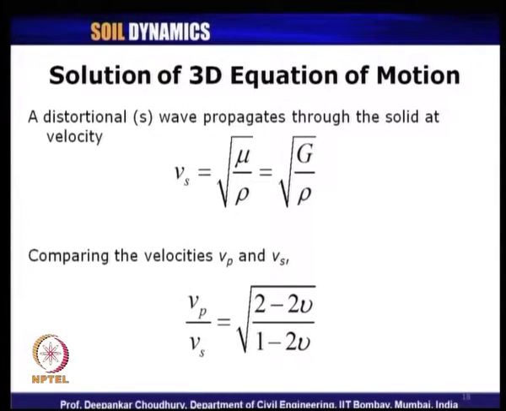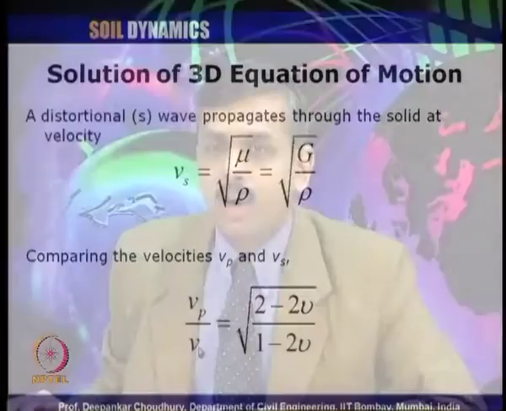Why? Because later on, when I will discuss in our module 4 about dynamic properties of soil, I will mention that most of the times we measure this value of V s in the field or in the laboratory for a particular soil subjected to different earthquake or dynamic motion or dynamic loads.